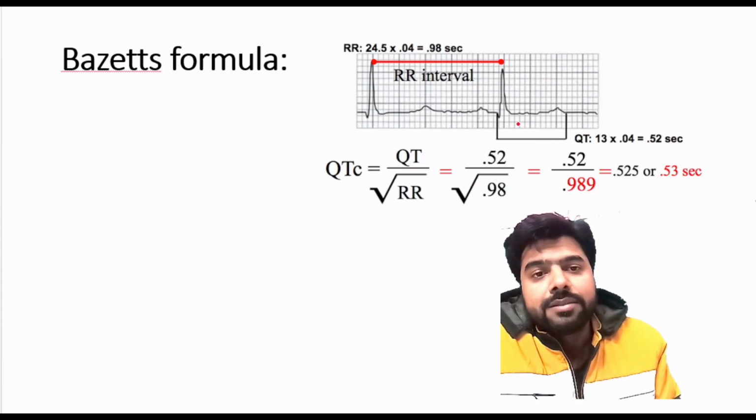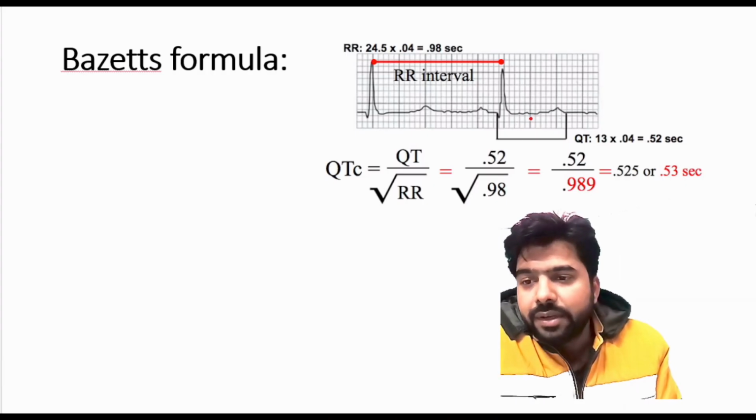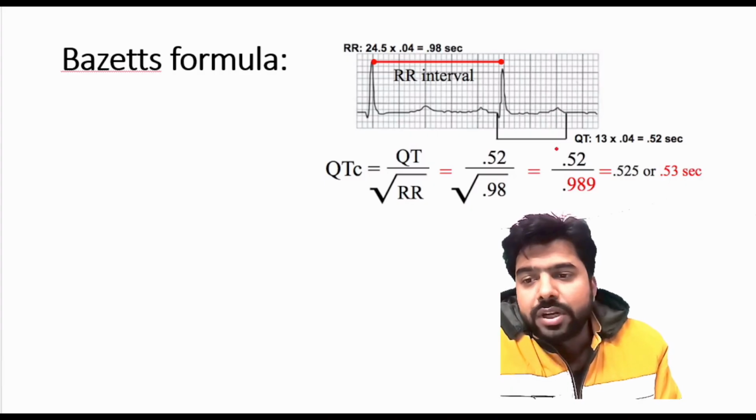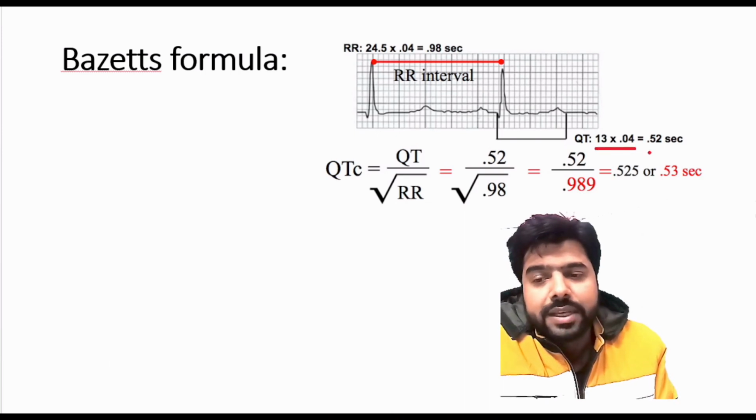Now you count the small boxes in between the QT interval, that is, 1, 2, 3, 4, 5, 6, 7, 8, 9, 10, 11, 12 and 13. So 13 small squares, and 1 small square is equal to 0.04 seconds. So the duration is 0.52 seconds. Okay.